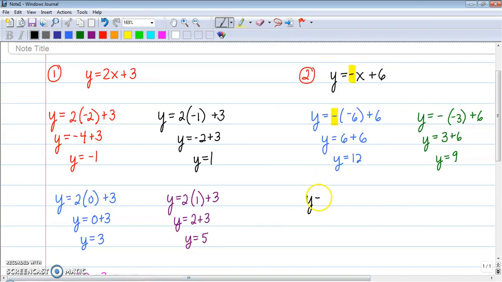Then I'm skipping to positive 2. So again, this negative comes with the equation, and the 2 is positive, but now it will be a negative because of that negative sign. The negative 2 plus positive 6, 6 is more dominant, so it will be positive 4.